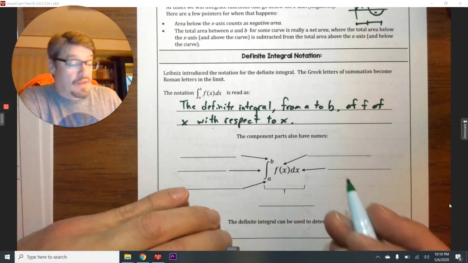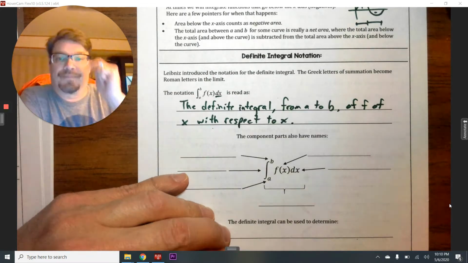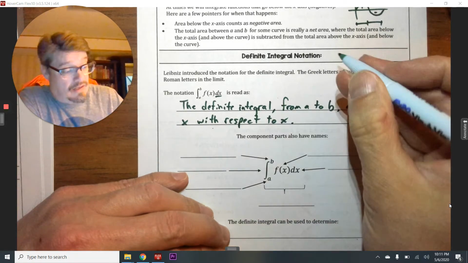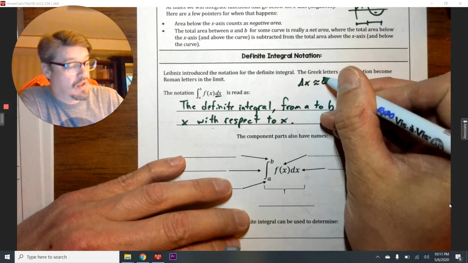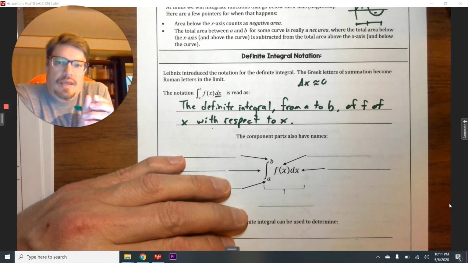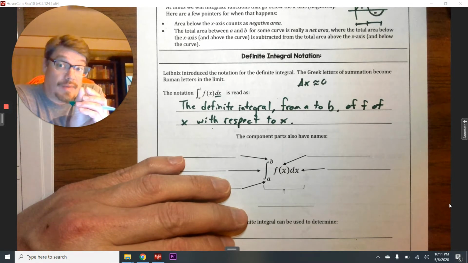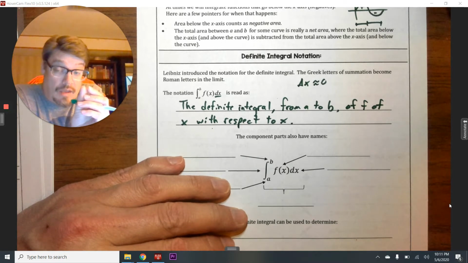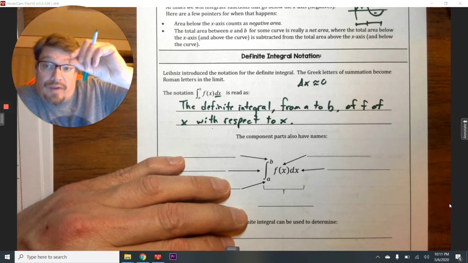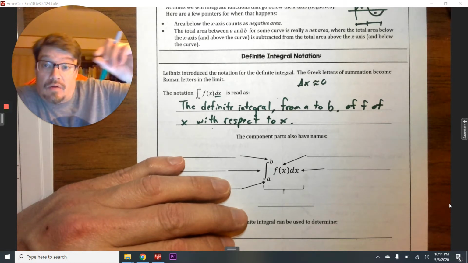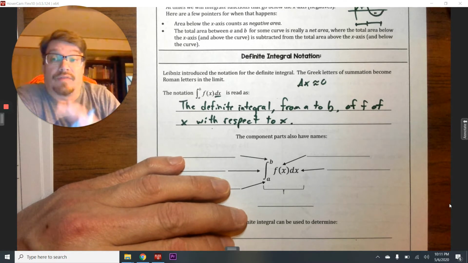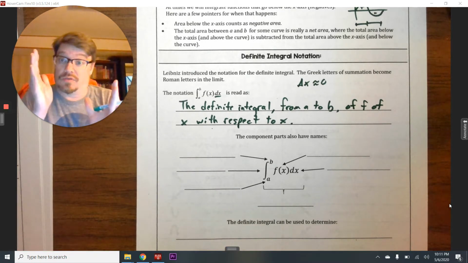Now, this is an important concept, because it's saying that the dx, the width of your rectangle there, is approximately 0. When we say with respect to x, we are talking about the x value. We can also do a with respect to y and change the orientation of our rectangles so that they're perpendicular to the y-axis, and we can do a dy. So it's important with which respect.